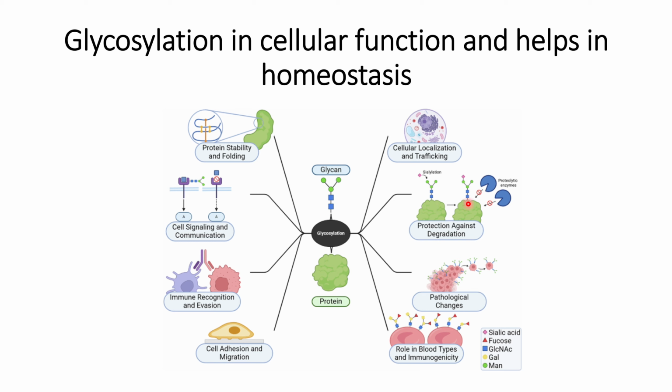Whereas if the proper glycosylation or the proper three-dimensional structures are not formed, it will be detected by the quality control mechanisms of the cells, and that will lead to proteolytic degradation using proteolytic enzymes. This can occur either in the cytosol or directly in the lysosomes, similar to what I said about cellular localization and trafficking.